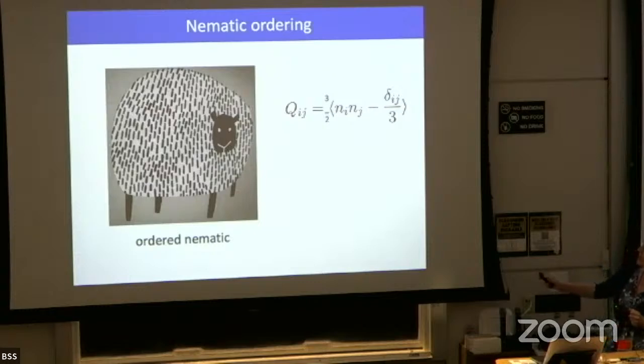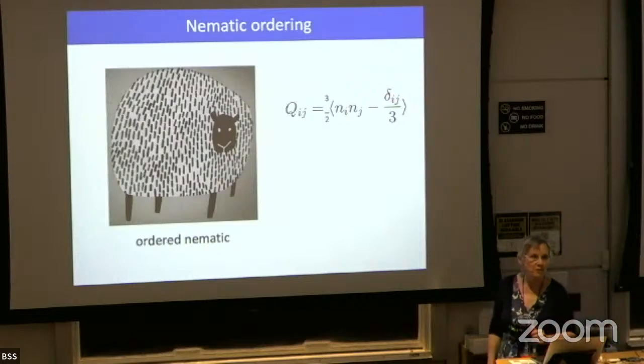That's going to be n_x squared plus n_y squared plus n_z squared. But this n is a unit vector, so n_x squared plus n_y squared plus n_z squared is equal to 1. And then I have delta_xx plus delta_yy plus delta_zz, 3. This is the delta function. 1 minus 1 will give me 0. So it's constructed to be a traceless tensor.